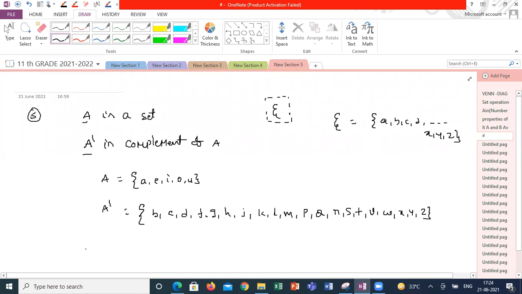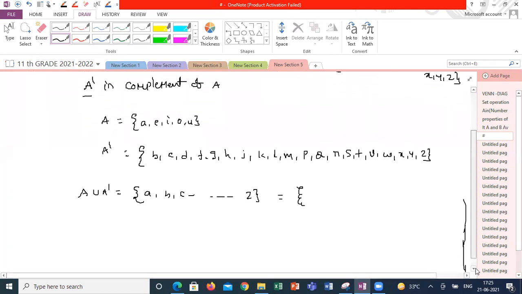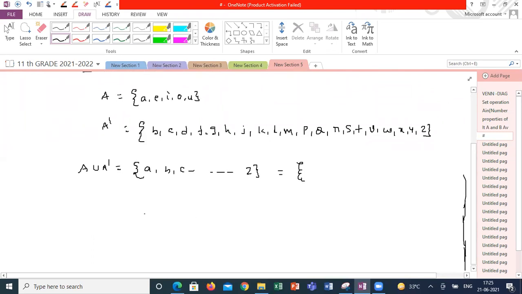Suppose I'm taking A union A dash, what will I get? The universal set: A, B, C, and so on up to Z only, no? That is nothing but your universal set, correct? So how can I define the union of a set and its complement?